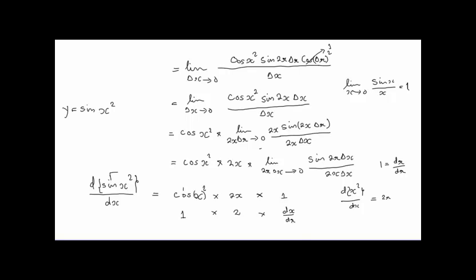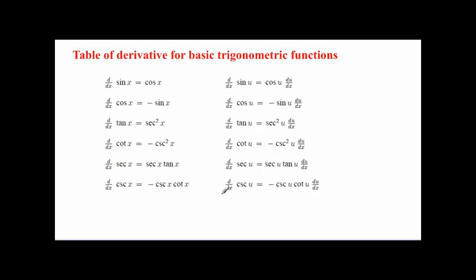At this point, I would like you to note that I don't have the time to do all the derivatives of trigonometric functions via the first principle. So what I'm going to do now is take you to the standard table of derivatives of trigonometric functions. As you can see here, we've got the derivative of sine being cos, which we saw before, but according to what we have just said, it will mean that here there's the derivative of x with respect to x.